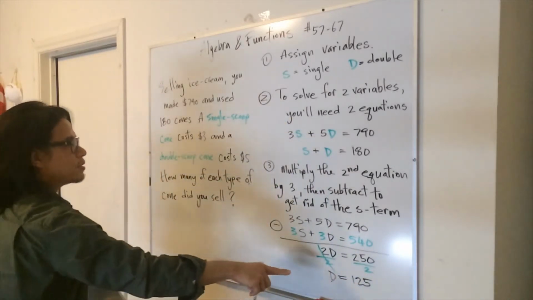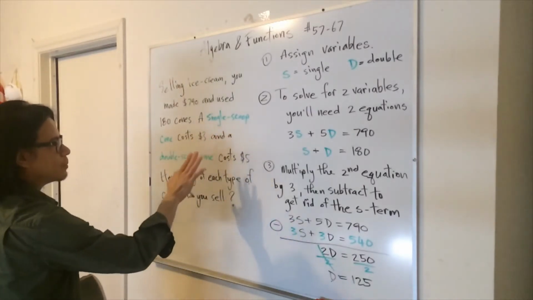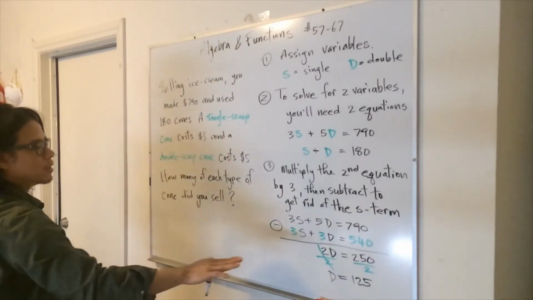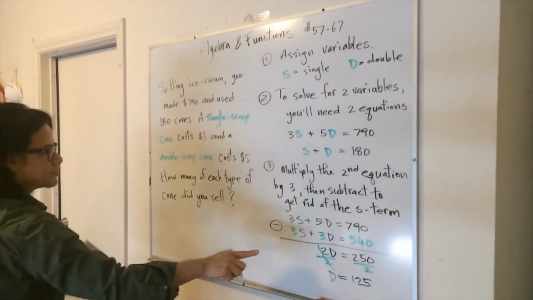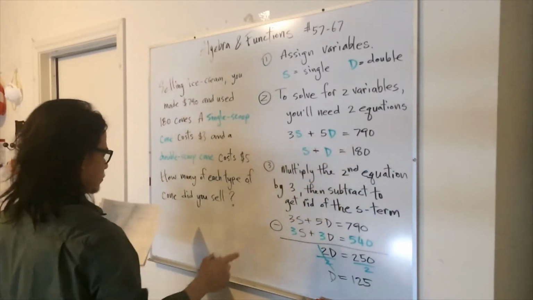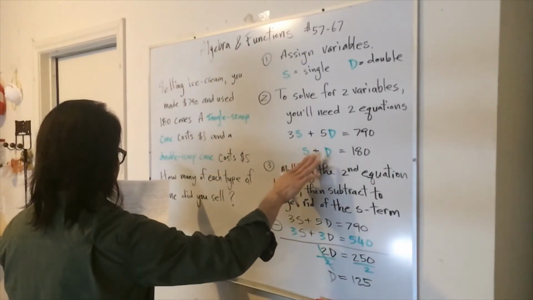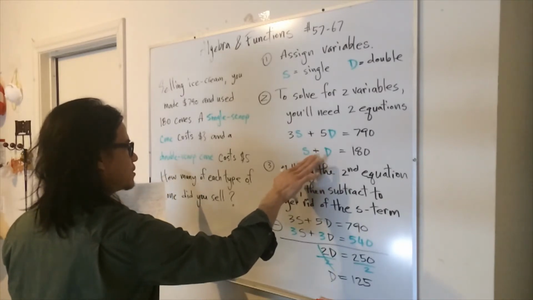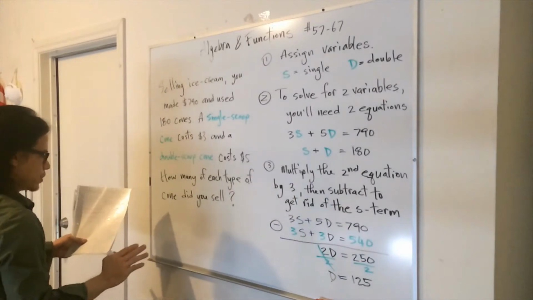Okay, so this tells us that we sold 125 double scoop cones. So if we have that, we can substitute it into one of our equations, either one. This one looks easier. So we can find out how many single scoop cones that we sold.